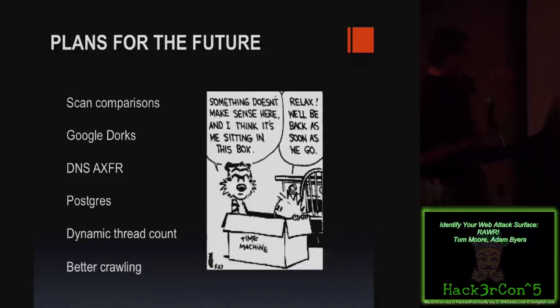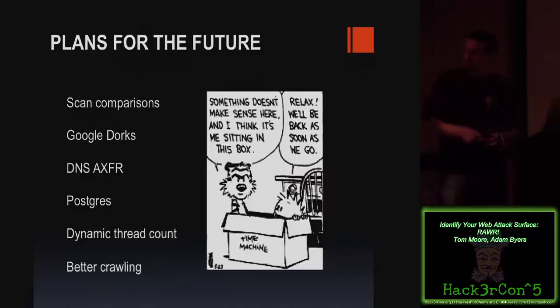Dynamic thread count. I know there's a lot of devices out there like the Pwn Plug, maybe mobile devices and things like that that have less memory. How much do you have on yours? Like 2 gigs? Yeah. My VPS has a little bit of problems with it. We didn't show the settings file, but it's inside the conf directory, and it's very easy to modify your variables.